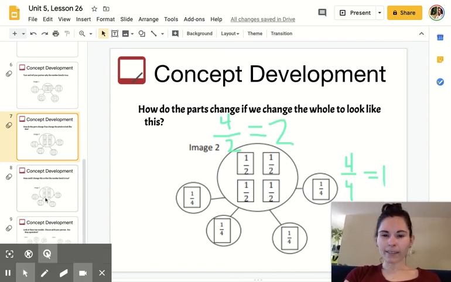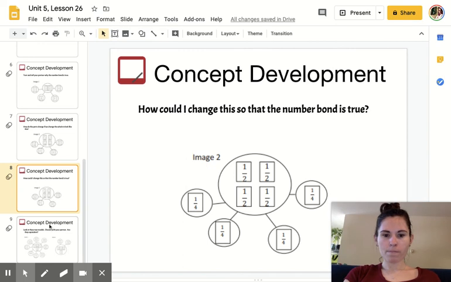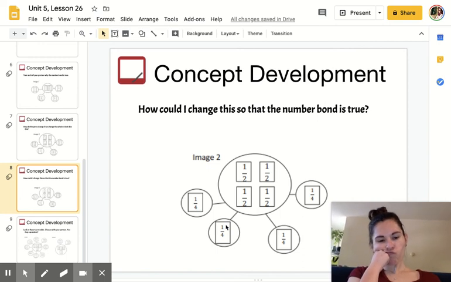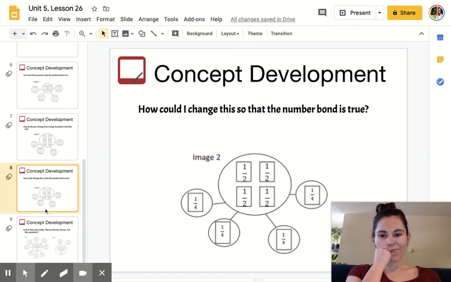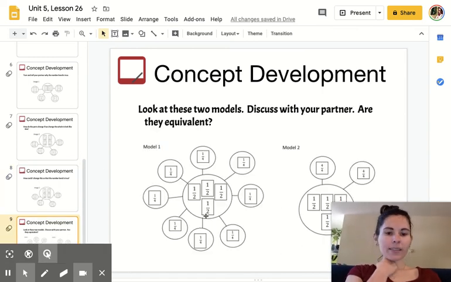Now let's look at it again. How can we change this so that number bond is true? Think this over to yourself. What if I did this?